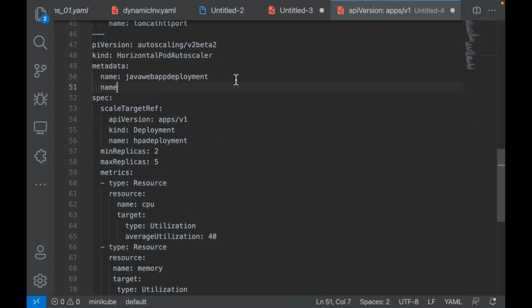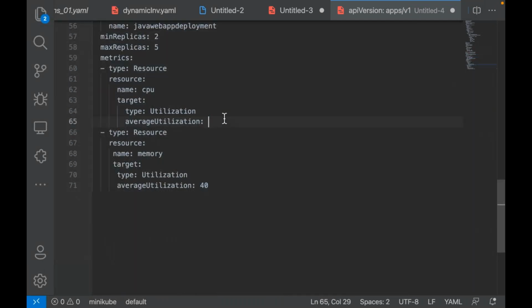It should be in the same namespace where your application is getting deployed. Something like this. Now, if I want to target 80 or so, something like this.